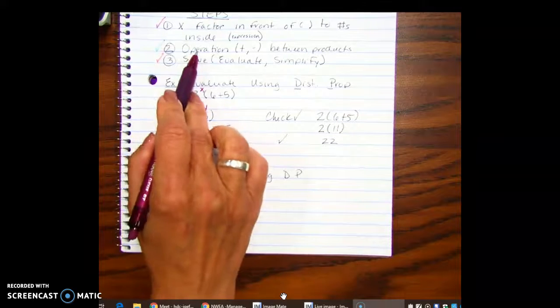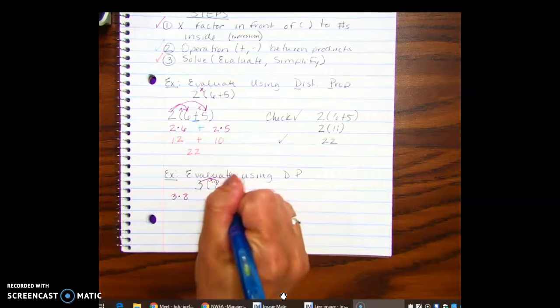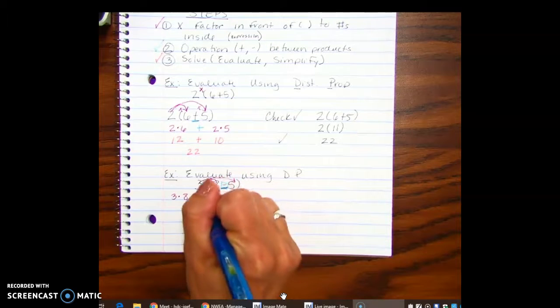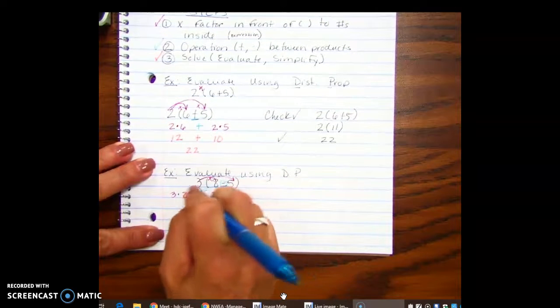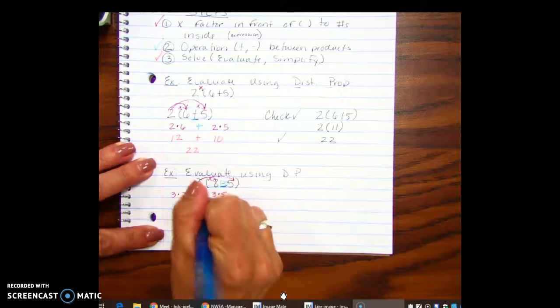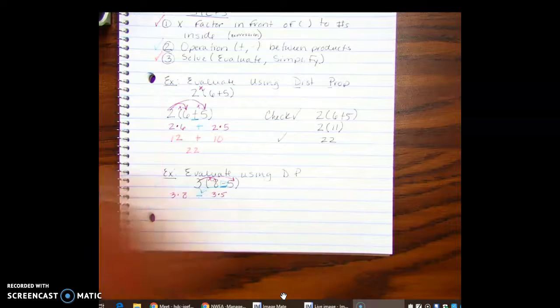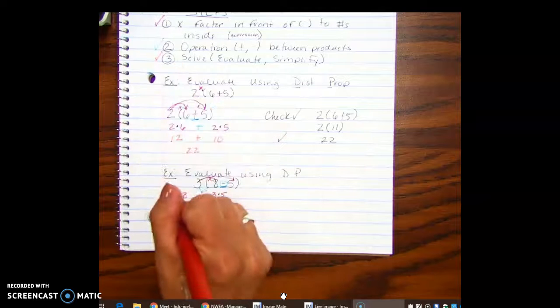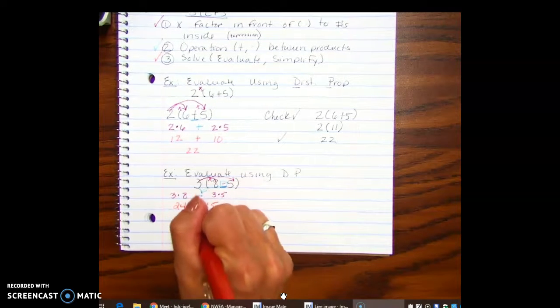Step 2 is to write my operation between the products. So here's my operation, and it's going to go in between. Step 3 is to solve. So I have 24 minus 15, which equals 9.